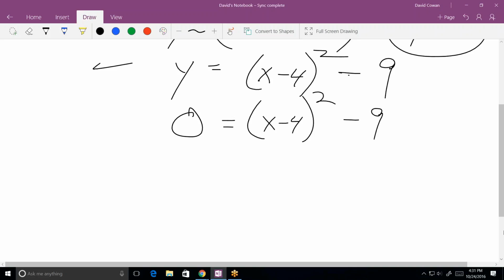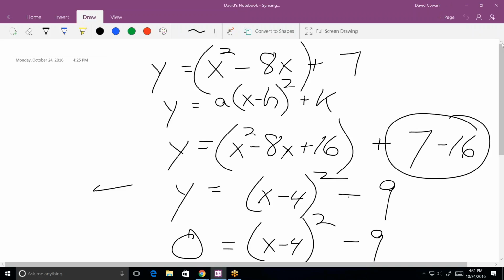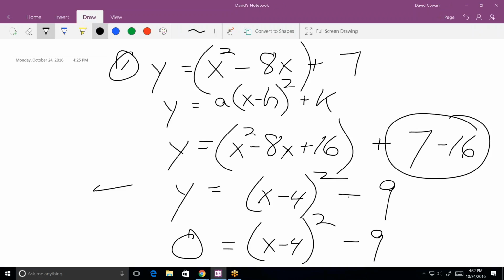Now, what's a nice, easy way to solve that without expanding it? I could go back to the original, number 1, and factor that. It's x minus 7 times x minus 1, so I could solve it that way.